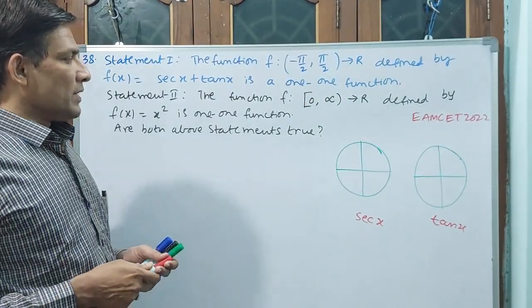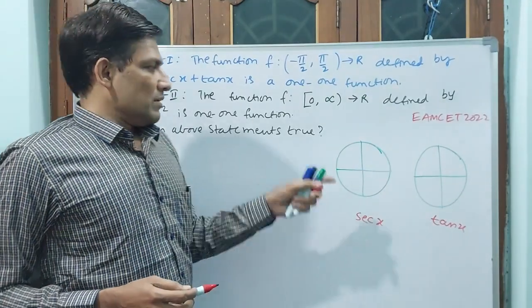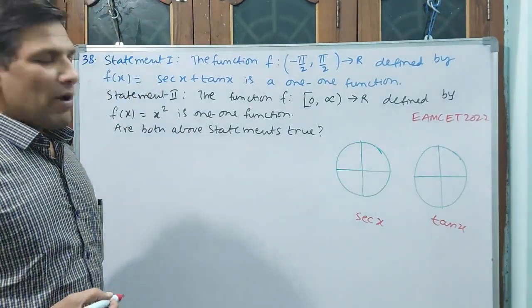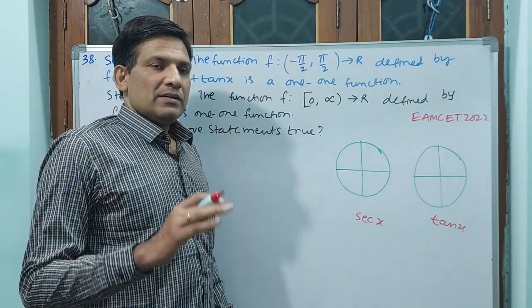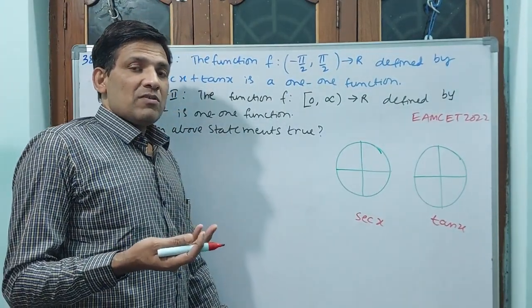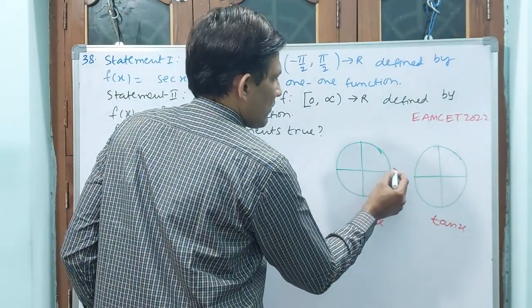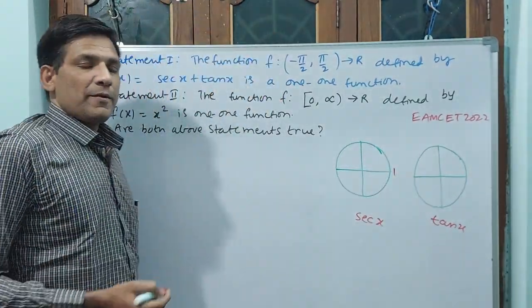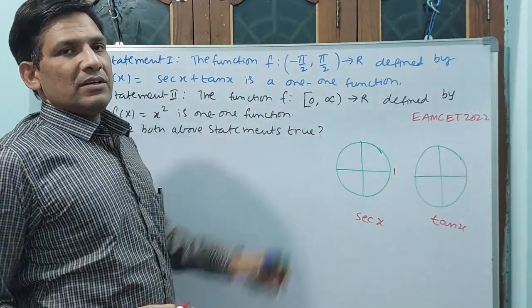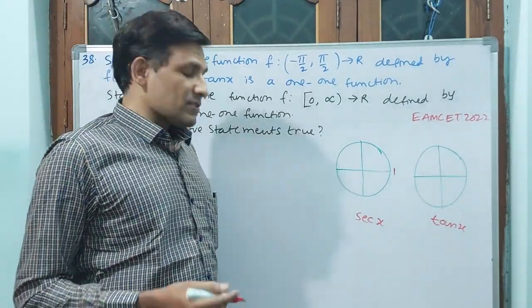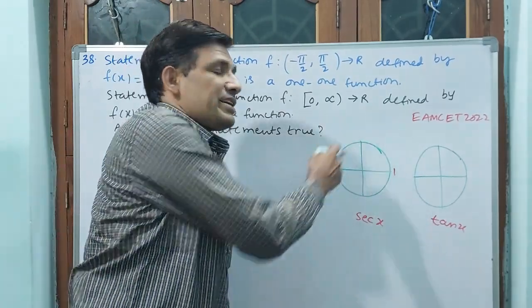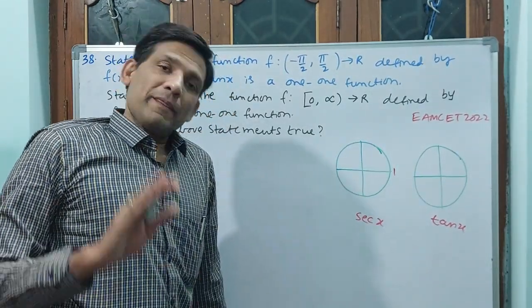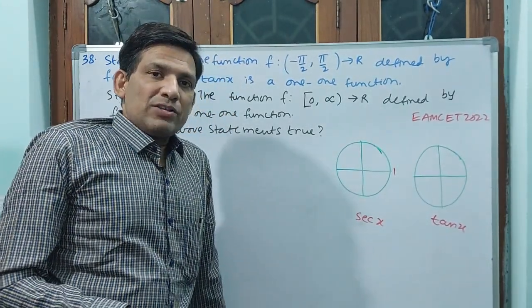Okay, see. What is cos 0? Cos 0 is 1. Secant 0 is 1 by 1, that means here also 1 will come. What is cos 90? Sorry, cos 90 is 0. Secant 90 degree is 1 by 0, infinity.